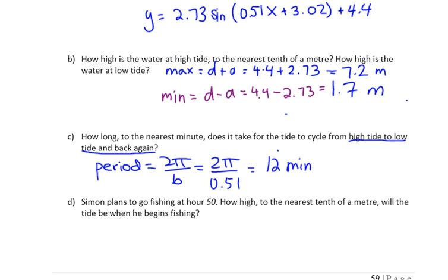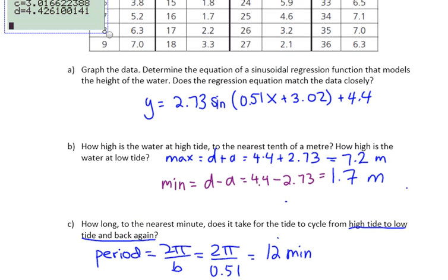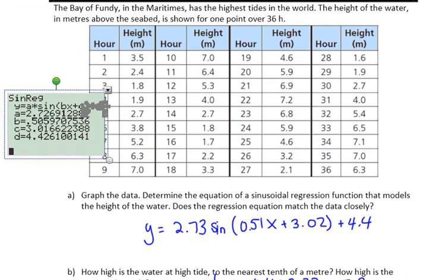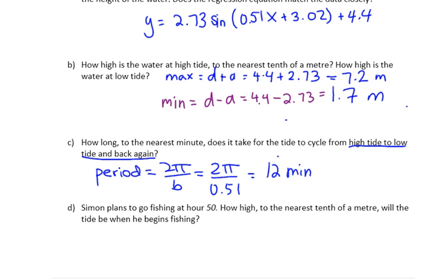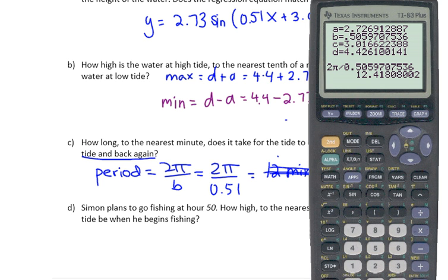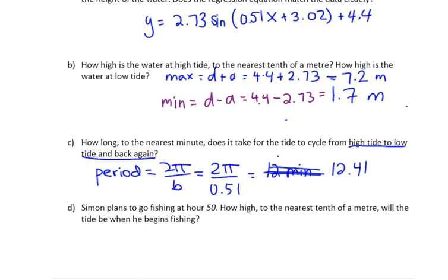That's all. Simon plans to go fishing at hour 50. Uh-oh. Wait a second. This was in hours, guys. Sorry, let's go back here. So this was 12.41 hours, and it says to the nearest minute.